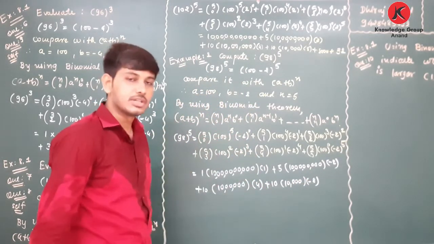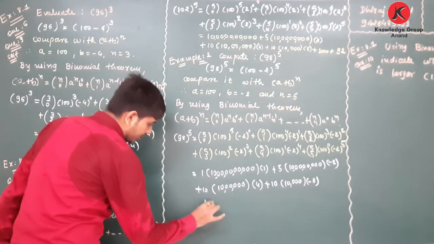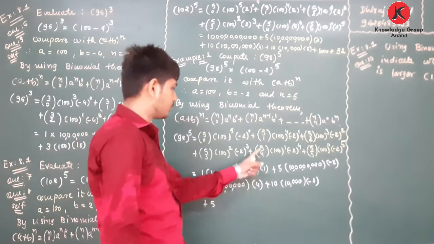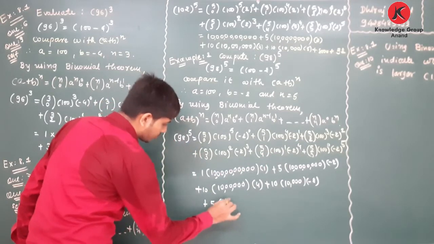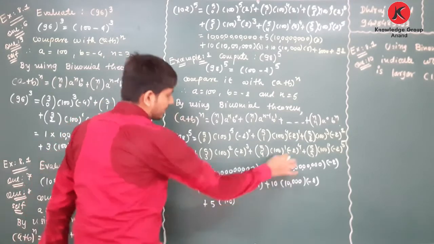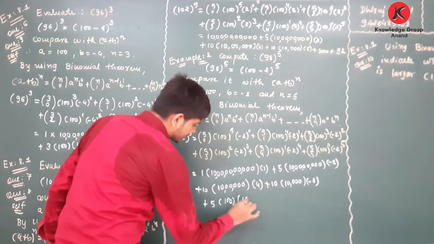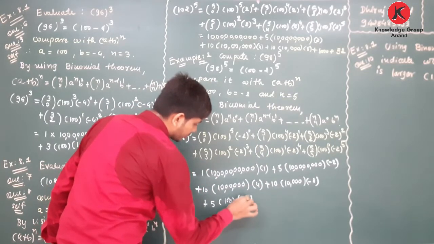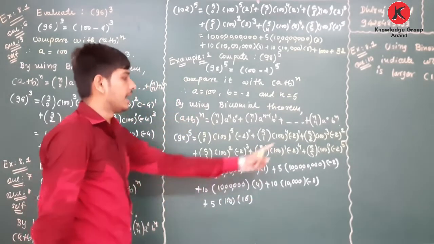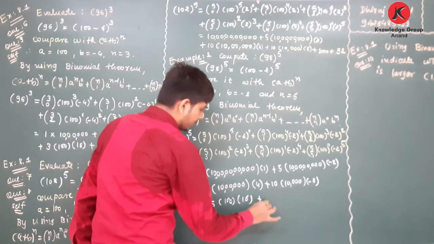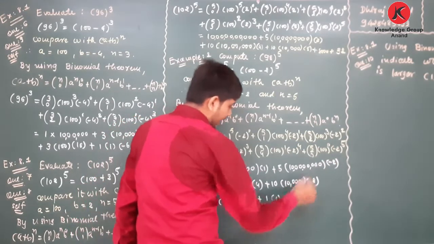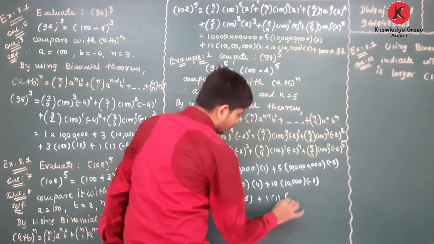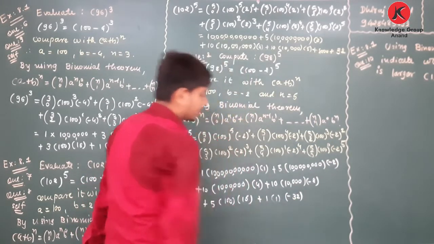Plus 5C4 will become plus 5 into 100 raised to 1, means 100, into minus 2 raised to 4, which is plus 16. And last one, 5C5, 1 into 100 raised to 0, 1, and minus 2 raised to 5 will become minus 32.